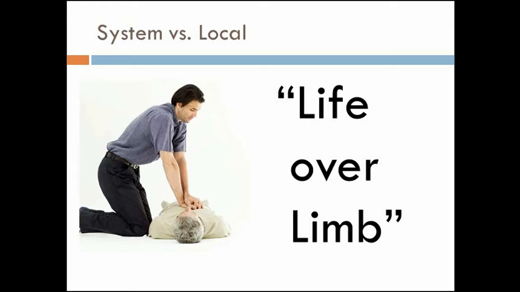It is a priority if there are no other systemic issues currently happening, because if you don't address the local problem, it will eventually lead to a systemic problem. Okay? So, in an acute situation, systemic always falls over local. And then once the patient is stable, you deal with the local issue so that it does not in turn become systemic.